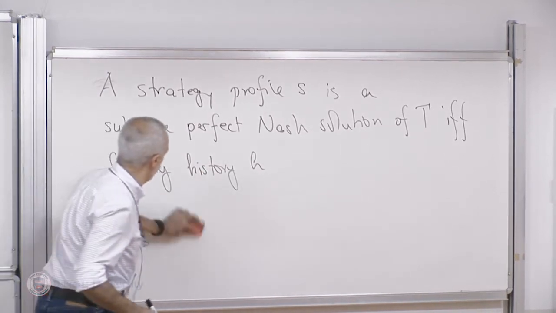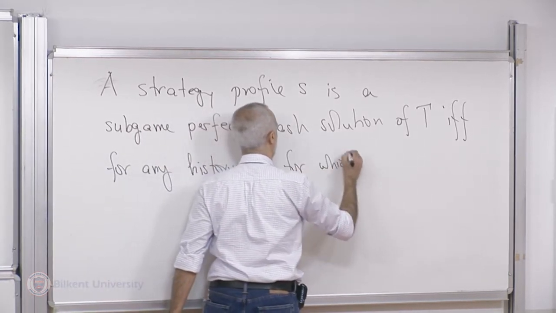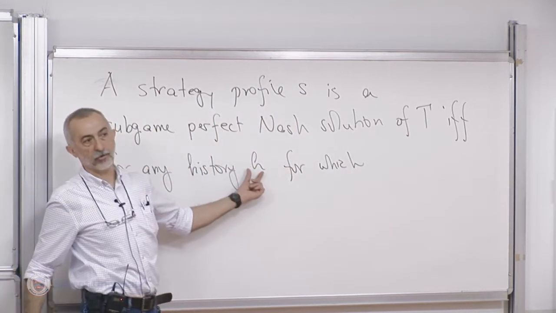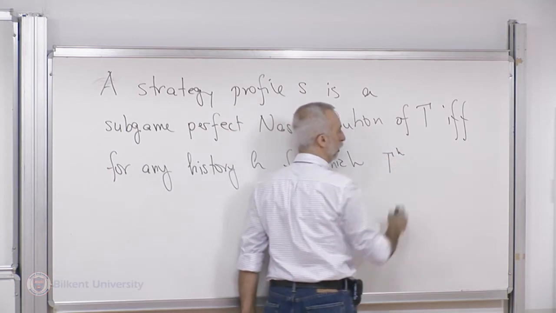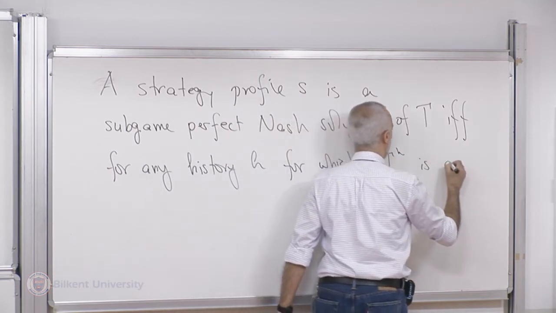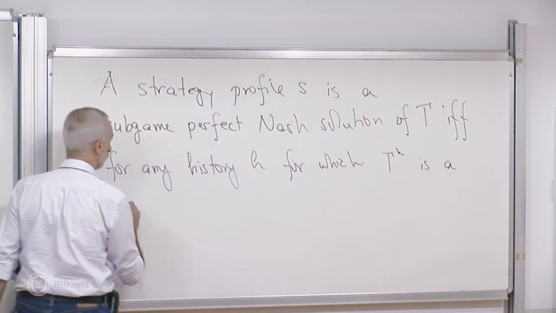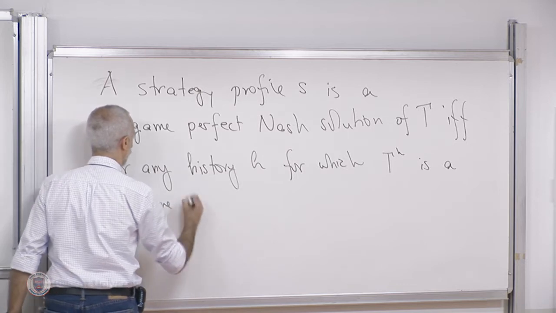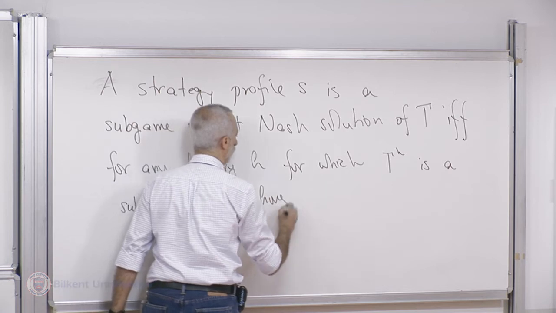So for any history for which the part of the game that follows the history H, which we denoted with gamma H, is a subgame. For any history for which gamma H is a subgame of gamma, we have the following.